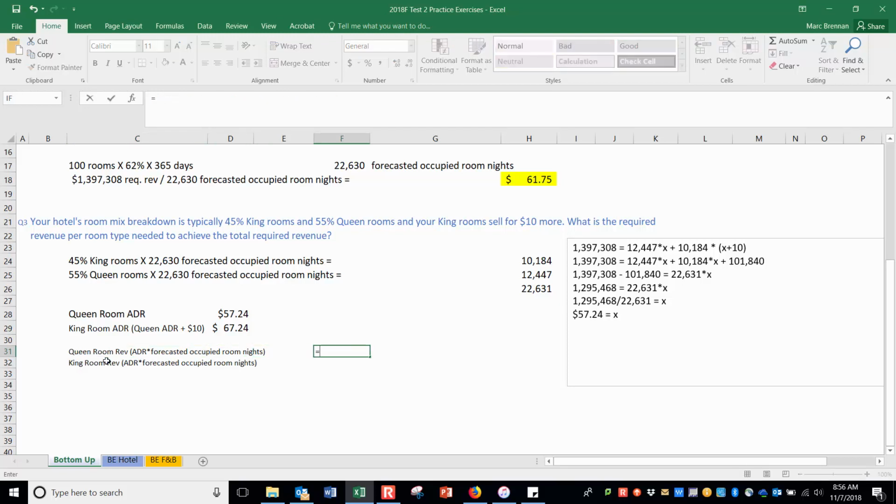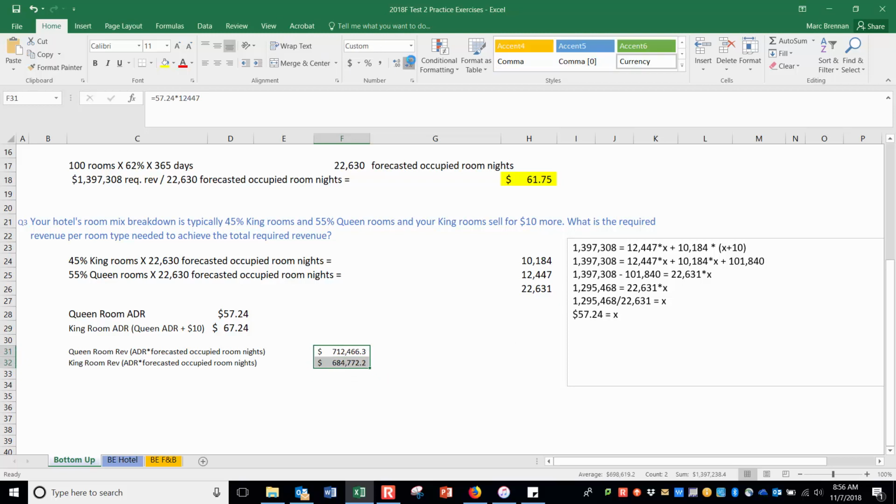So I'm going to have $57.24 in ADR, which is what I need in order to reach my required room nights, and I'm going to multiply it by the 12,447 room nights I believe I'm going to sell in queens. I'm going to do the same for king rooms: $67.24, which is my required ADR, multiplied by how many room nights I believe I'm going to sell for king rooms.